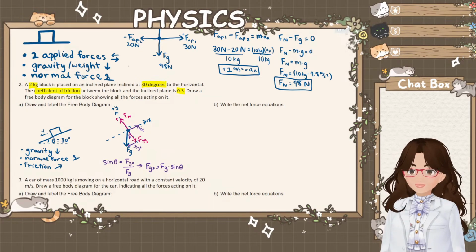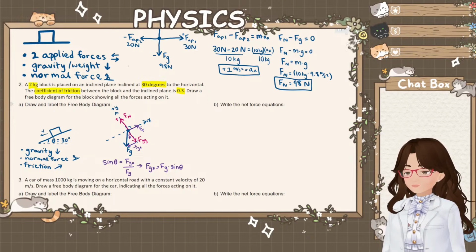And with that in mind, we could do the same thing with the y component. I would use cosine theta. It's going to be equal to adjacent, which is the side touching the origin of the angle, which would be y. And that's going to be FGY divided by FG, the magnitude.